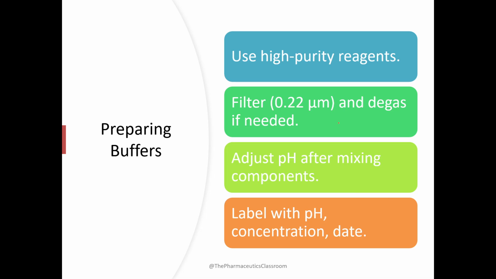Before running into the column we should degas it and adjust the pH. We should label it with the pH, concentration and date. So this is all about the buffers.